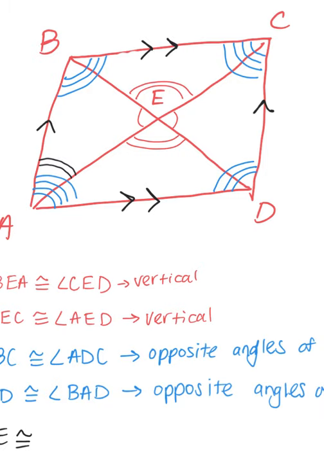Let's think about it. Imagine that this diagonal is a transversal. And AB is parallel to which line? DC. So imagine we have two parallel lines cut by a transversal.